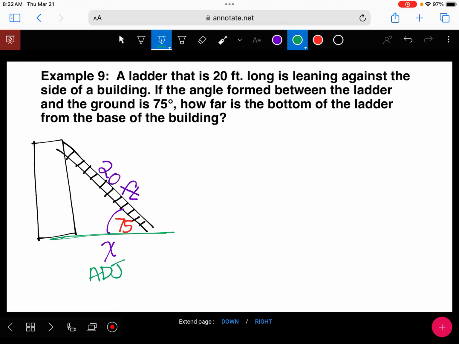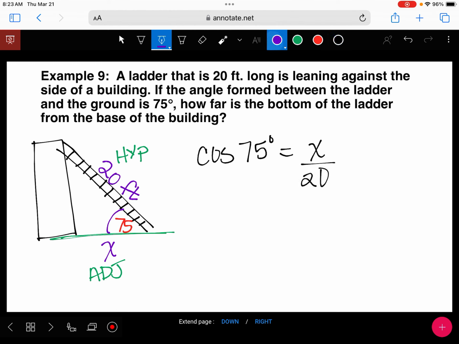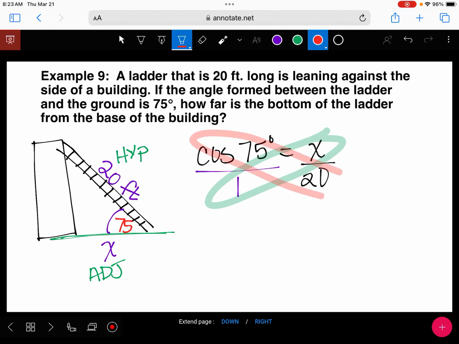And what is that 20? Is that opposite or the hypotenuse? All right, what trig ratio uses adjacent and hypotenuse? All right, so we have the cosine of 75 degrees equals adjacent over hypotenuse. Again, put that over 1, cross multiply. And go ahead and solve that for X.